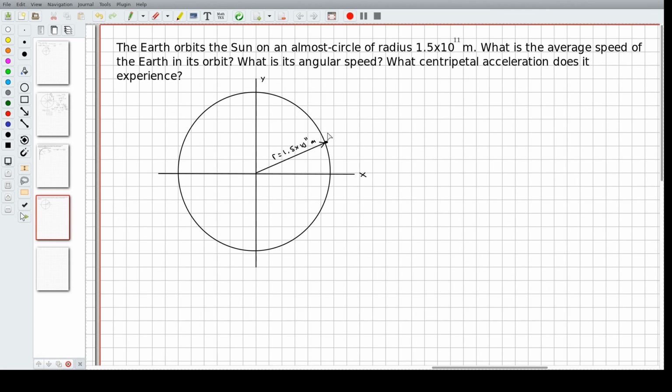Now, we actually also know a few other things. For example, will you agree with me that when something goes around a circle once, the angle that it sweeps out is 2 pi radians? Well, yeah. Now, that said, here's some terminology.